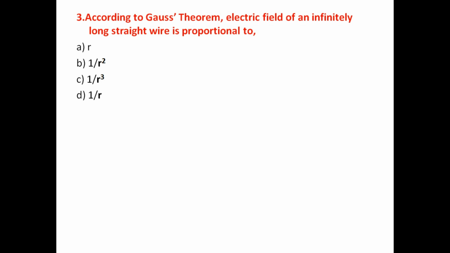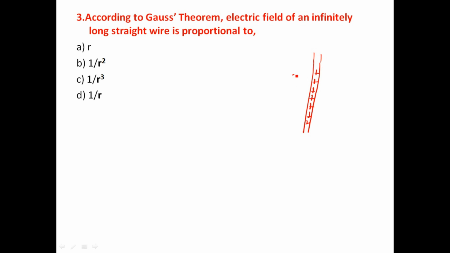According to Gauss theorem, the electric field of an infinitely long straight wire is proportional to what? There is an infinitely long straight wire which is charged. The wire is of infinite length.